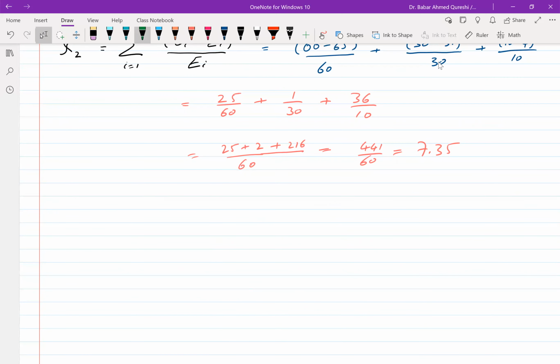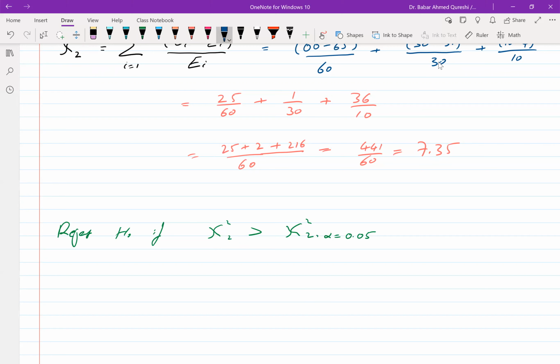Now, as usual, you will reject H naught if this chi-square observed is greater than a critical value, depending on the significance you want to give it. So let's see if we can reject it at 0.05 significance.